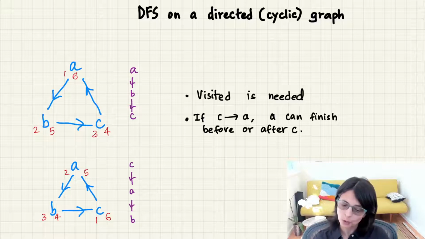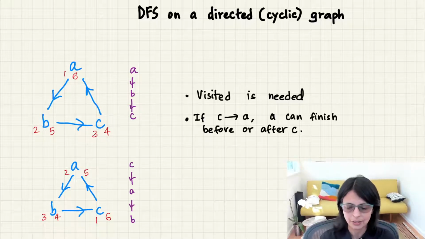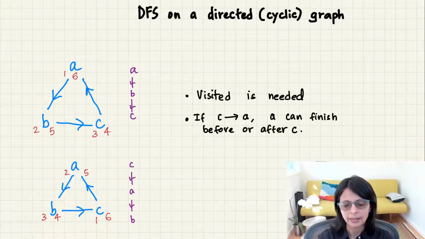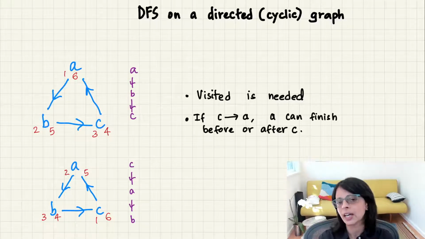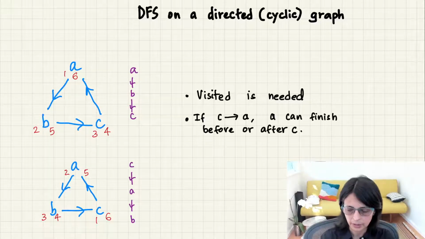A can finish before C or it can finish after C, as you can see in the two examples on the left here. So that's kind of interesting, that cycles remove that particular observation that we had on timestamping.